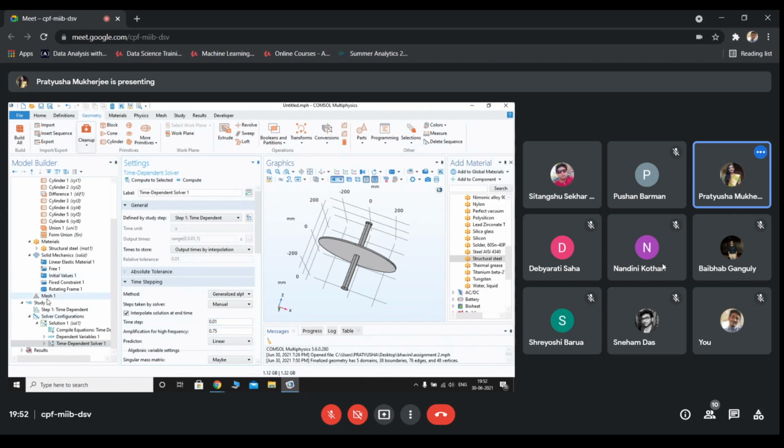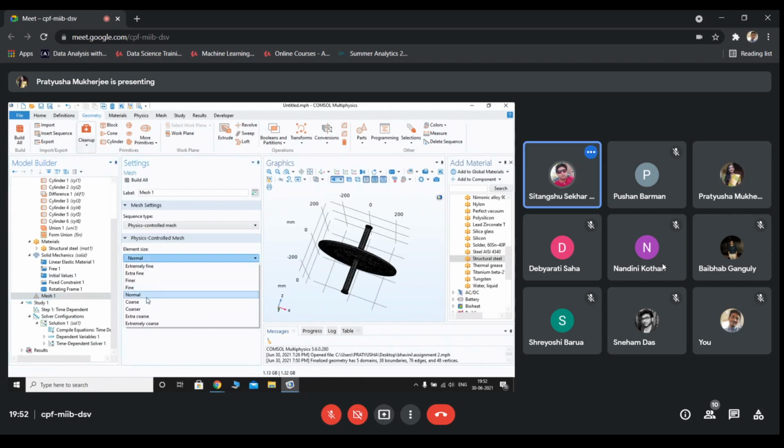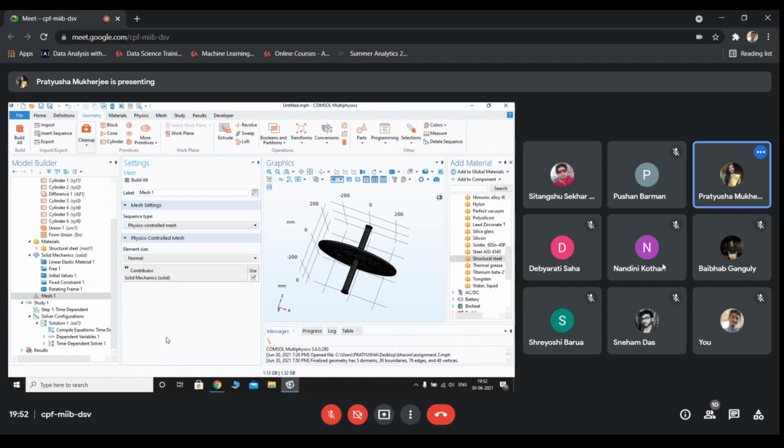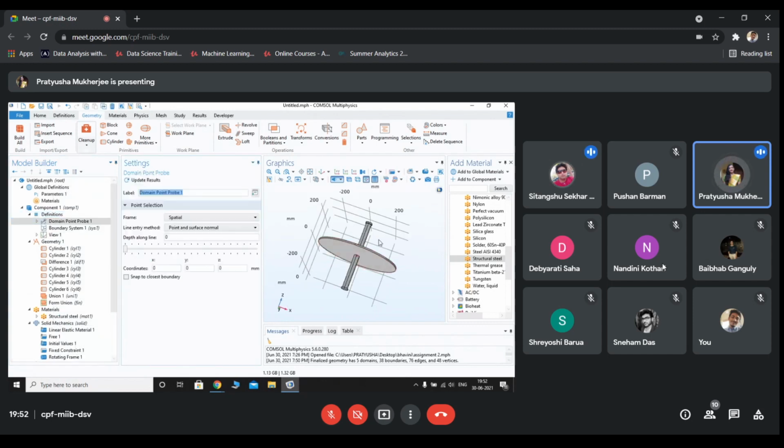Then go to definitions. Add a probe, domain point probe. There, you have to take a point on the extra mass, that is unbalanced mass.